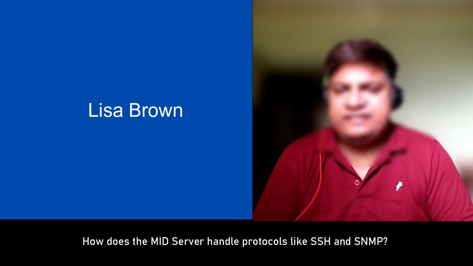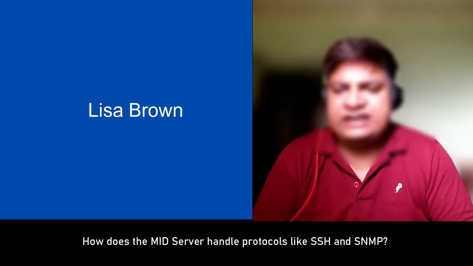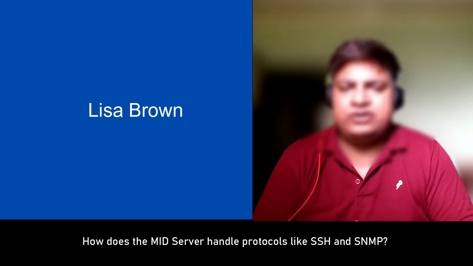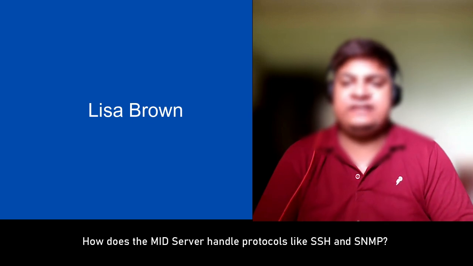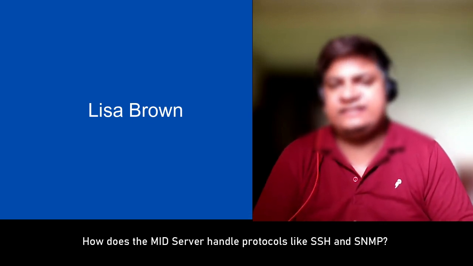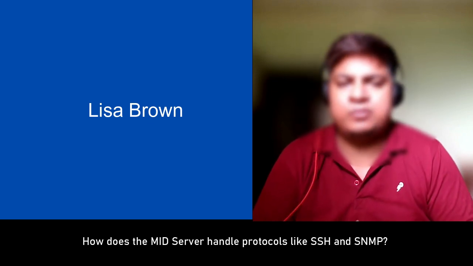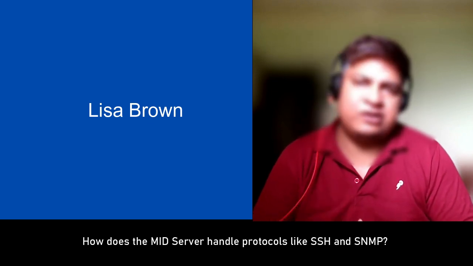With SNMP, which is common for network devices like routers and switches, the MID server uses a community string for authentication. Both protocols ensure secure communication, but SNMP is typically used for scanning devices such as printers or load balancers, while SSH is preferred for more secure server-based communications.